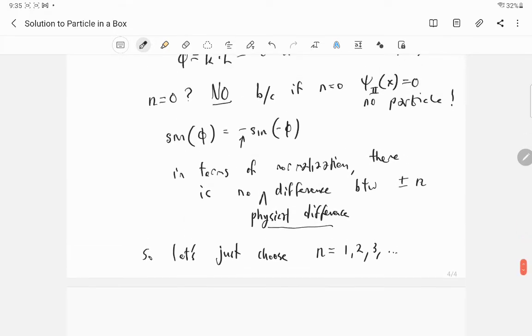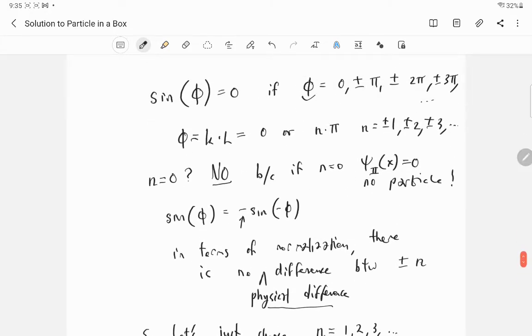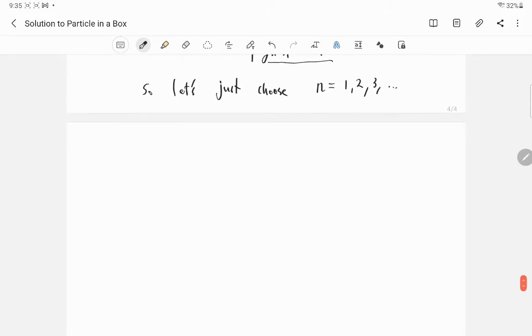So if you follow along, what this means is k times L is equal to an integer multiple of pi, where the integers are not 0, but only 1, 2, 3, and above. Remember that k was the square root of 2mE over h bar squared.